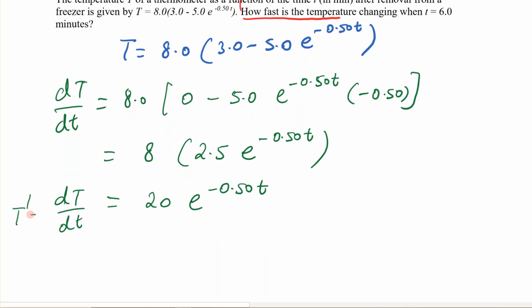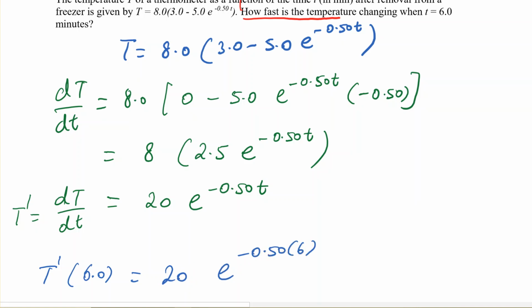So basically this is our T dash. We are interested in finding T dash when time is 6 minutes. So just put t equals 6. So 20 e raised to power negative 0.50 times 6.